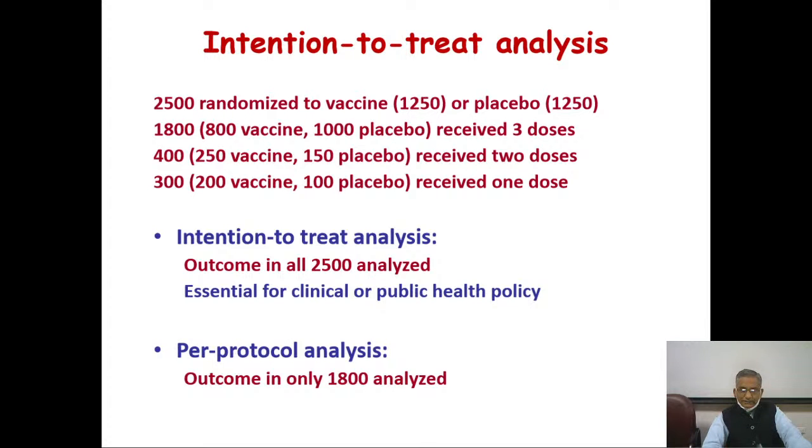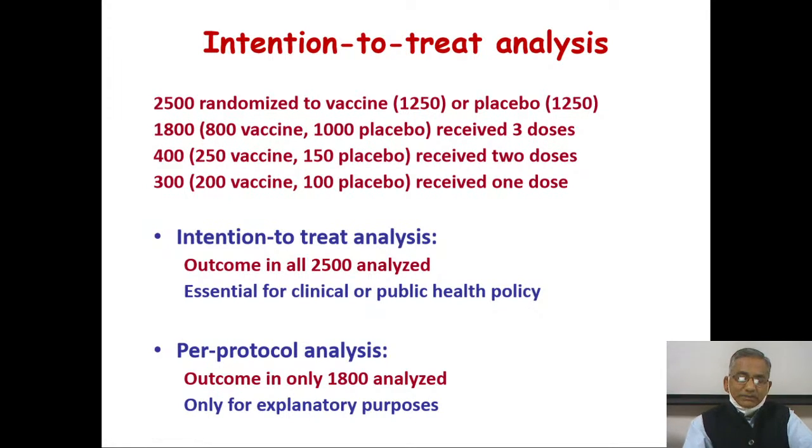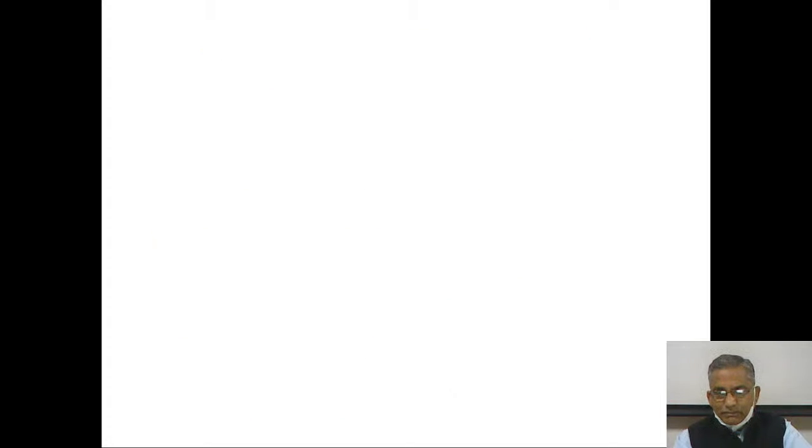Per protocol analysis looks at the outcome only in those who adhere to the protocol, and the protocol had said 3 doses. So in per protocol, one would analyze only 1800 patients. Right? This is only for explanatory purposes. This is an academic exercise.